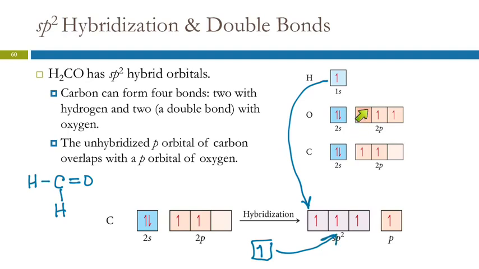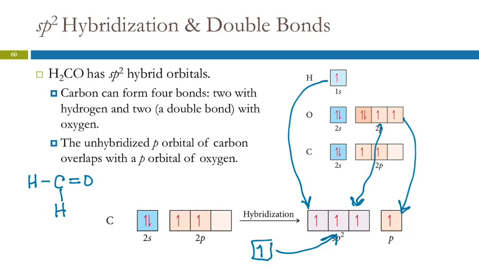One of those will overlap with that sp2 orbital on carbon, and the other will overlap with the unhybridized p orbital. And you might say, well, why didn't it do sp3? You'd still have the right combination, but the geometry wouldn't work.